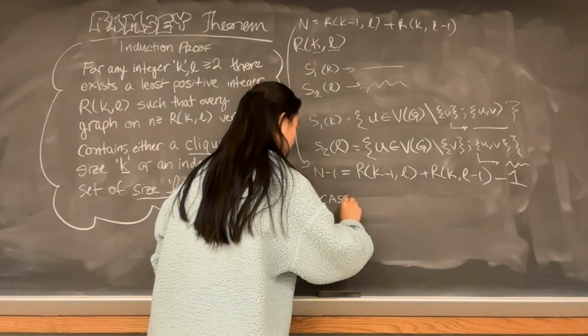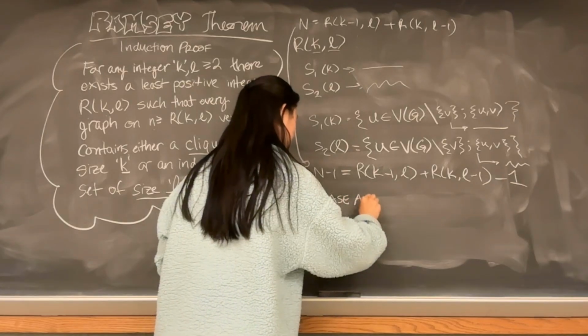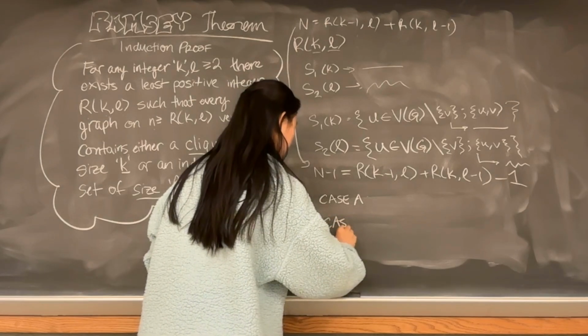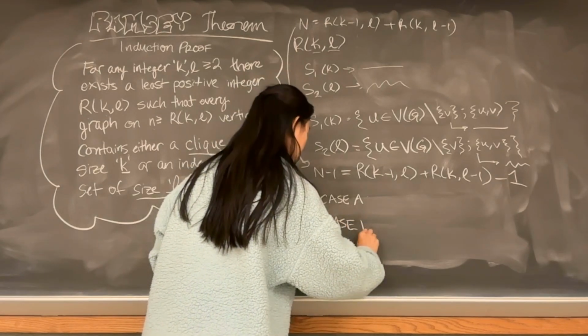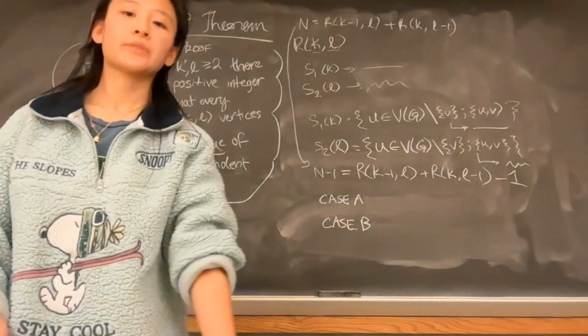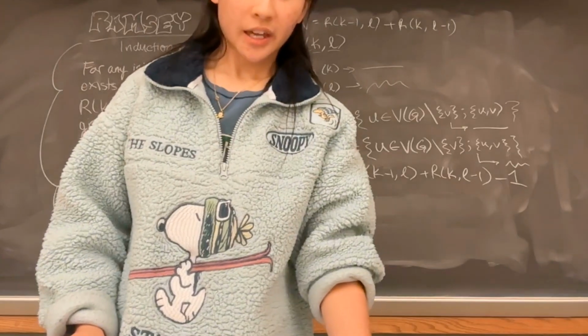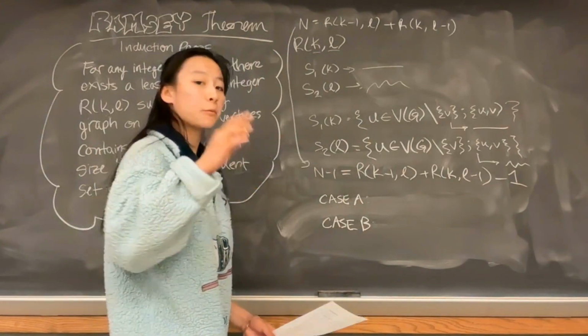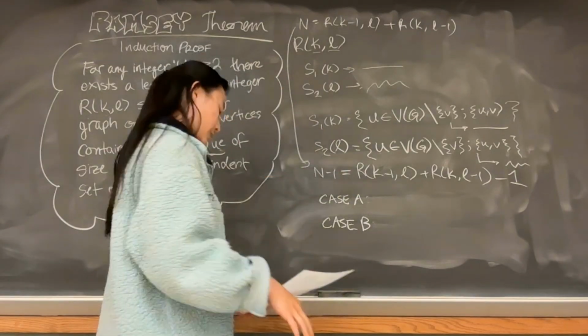So now that gives us our two cases. We have case A, and we also have case B of our proof. And case A and case B are how we will be splitting up what the next section will cover.